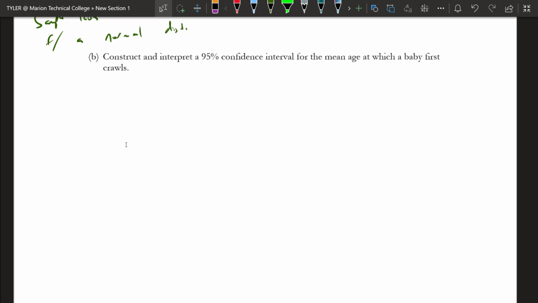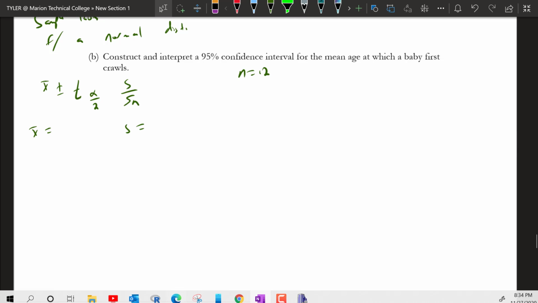So doing it by hand, x bar plus or minus t alpha divided by 2 times s divided by square root of n, right? So far what we know is that n equals 12, right? We don't know what x bar is, and we don't know what s is. So we need to calculate those. We can calculate those using StatCrunch. So if I go here, oops.